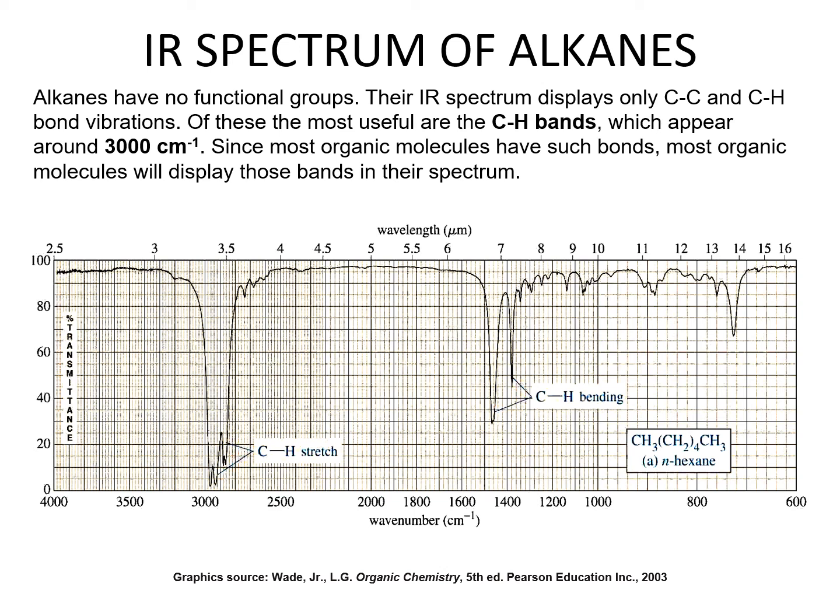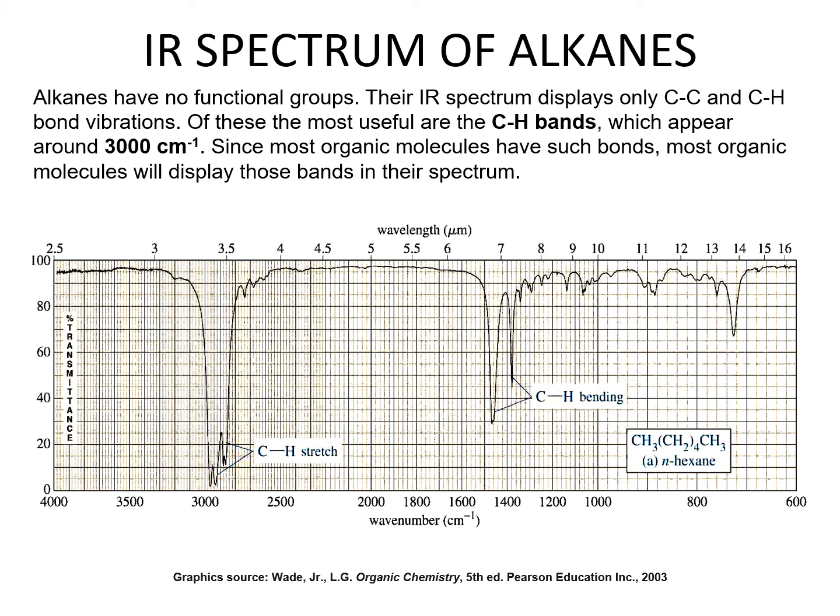The carbon-carbon single bond is totally non-polar because carbon and carbon are similar, and it doesn't help us to distinguish the structure of an alkane, but there is a slight difference in electronegativity between carbon and hydrogen. That's why the carbon-hydrogen bonds absorb at about 3000 centimeter inverse in the IR.